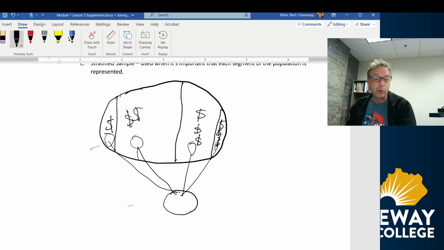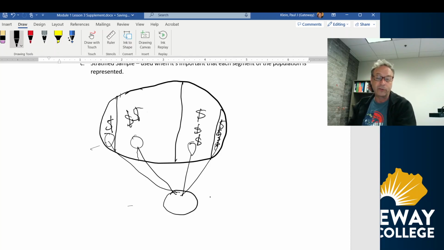And the proportion in this group is going to be related to how big these groups are to begin with. Like, this sample is going to have more of these middle class people than it will of the ultra rich, okay? Because that's what's reflective in the population.